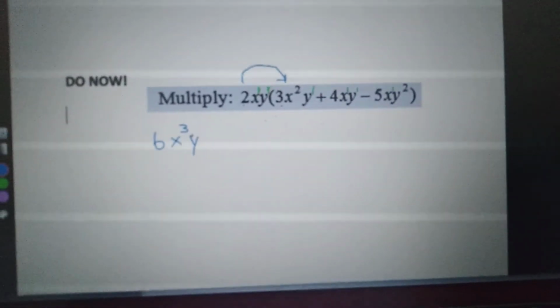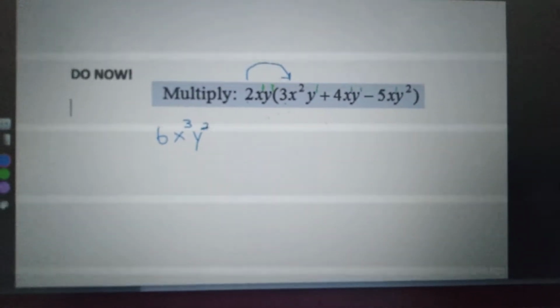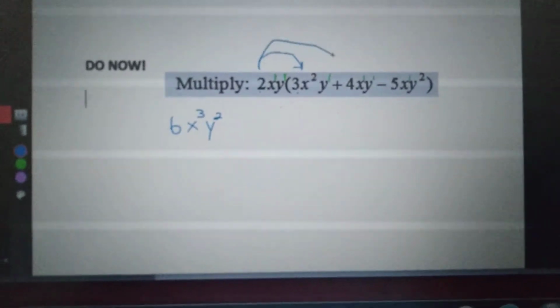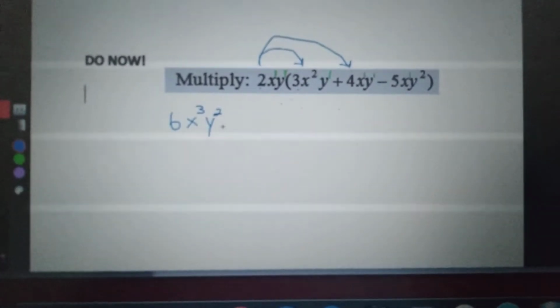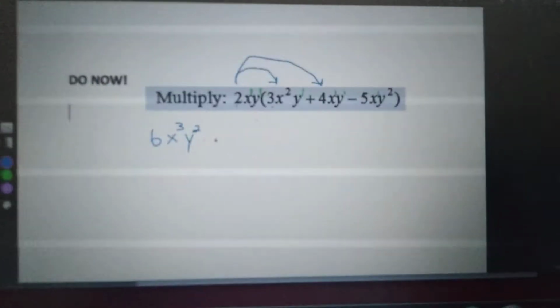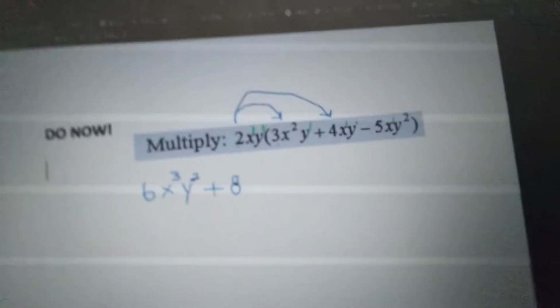Sure. Go ahead. What's y? Y is 2. Y squared. Yeah. Okay, next. And then, which is 8. What's my sign? Minus 8, plus 8. There we go. Be specific. Plus 8. Okay. What's next?